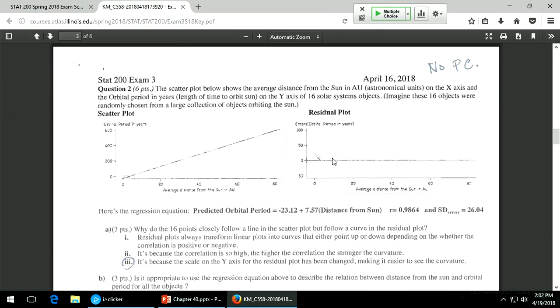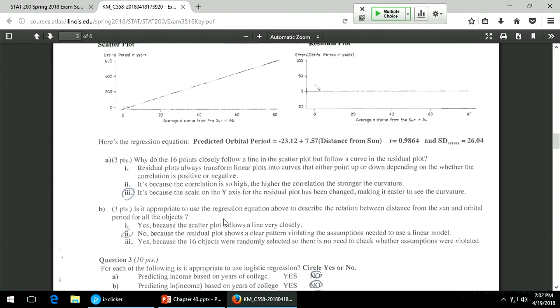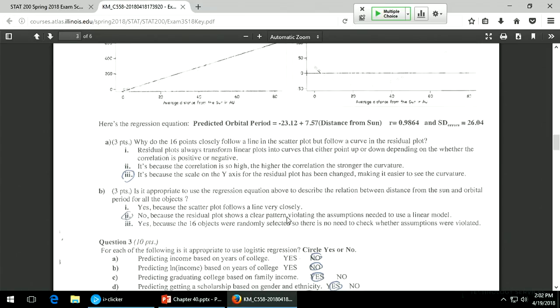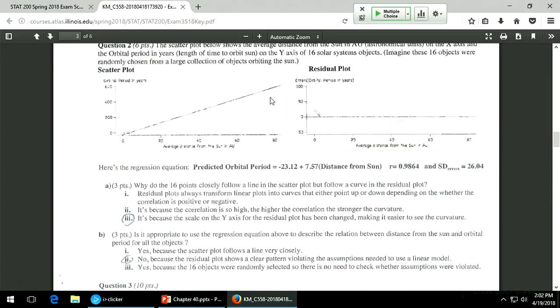That's a very good example of why you need to look at residual plots, because it clearly violates the assumptions, and sometimes you can't see that in the plot itself, because the differences are really small. But when you blow them up, you see it's a clear pattern, so we don't have a linear equation here. We can do much better.